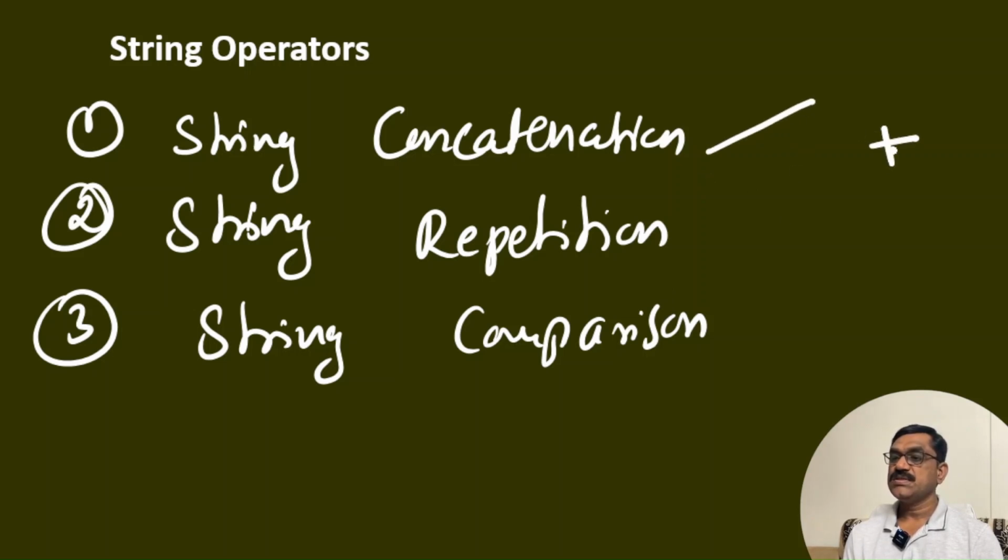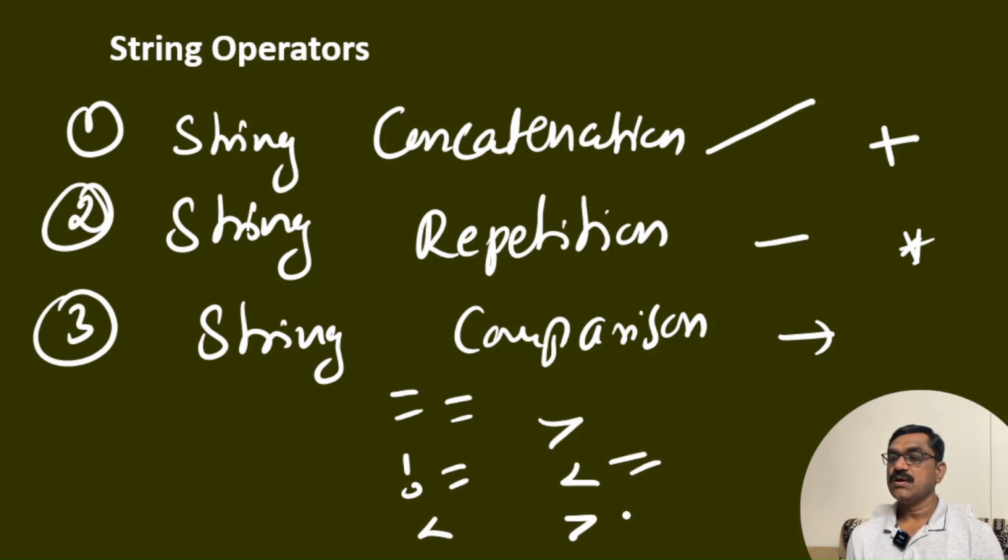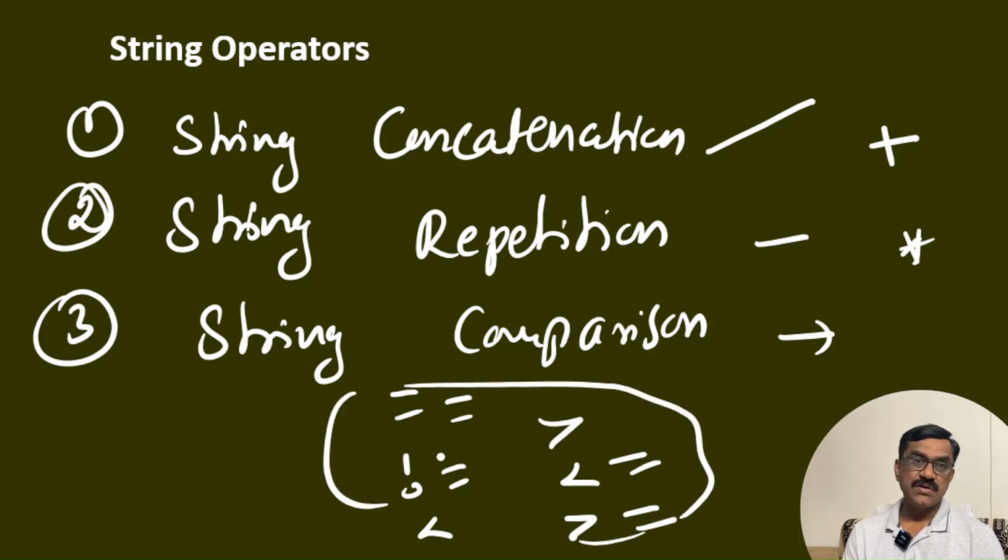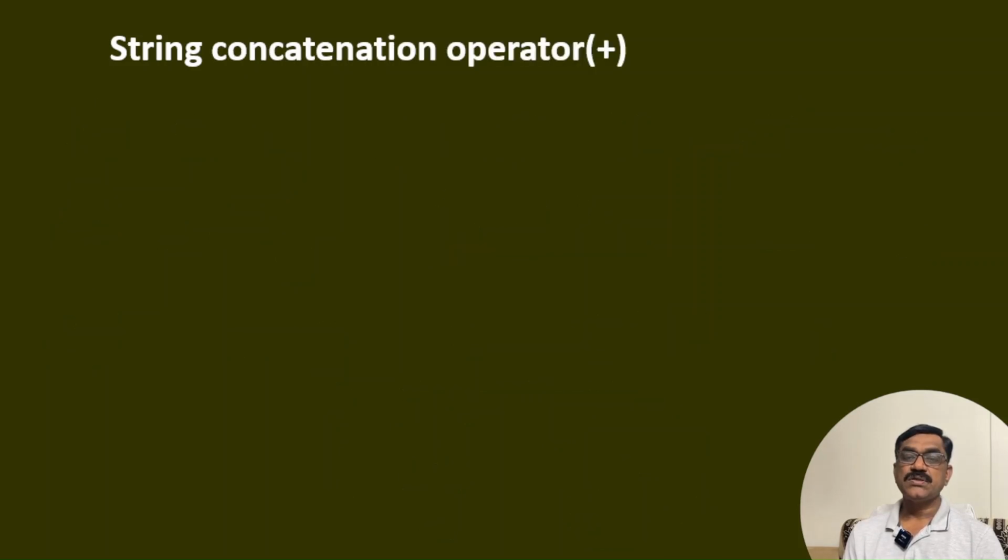That means the symbol we are going to use is plus. Next, string repetition, and we use the symbol star. And the string comparison operators, under this we use equals to and not equals to, less than, greater than, less than or equals to, greater than or equals to. These are the relational operators, or we can say comparison operators, that we are going to perform on strings. We will discuss one by one theoretically. After that, we will see the programming part.